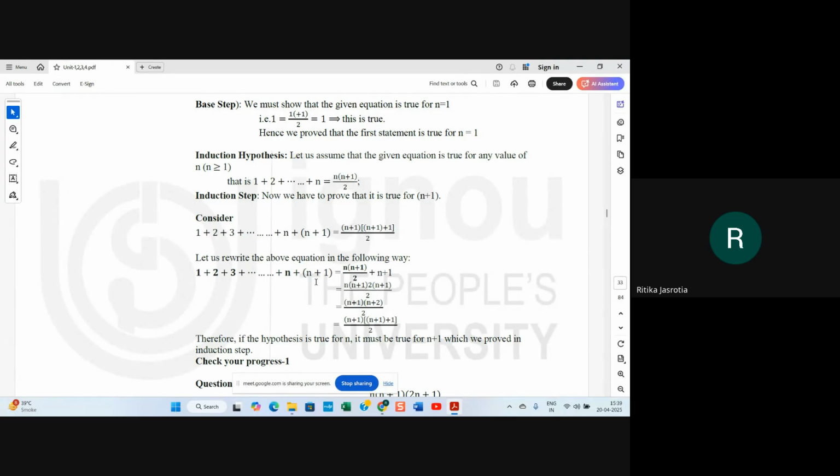Now you have added n plus 1 here, so your equation will be n into n plus 1 by 2 plus n plus 1. They have divided this.